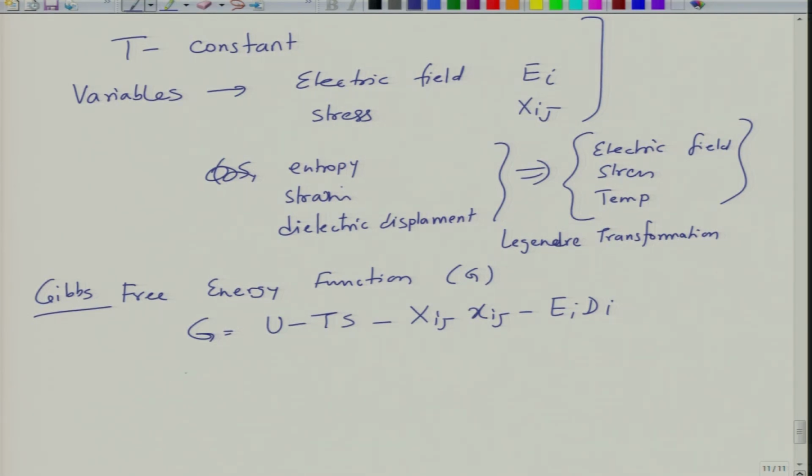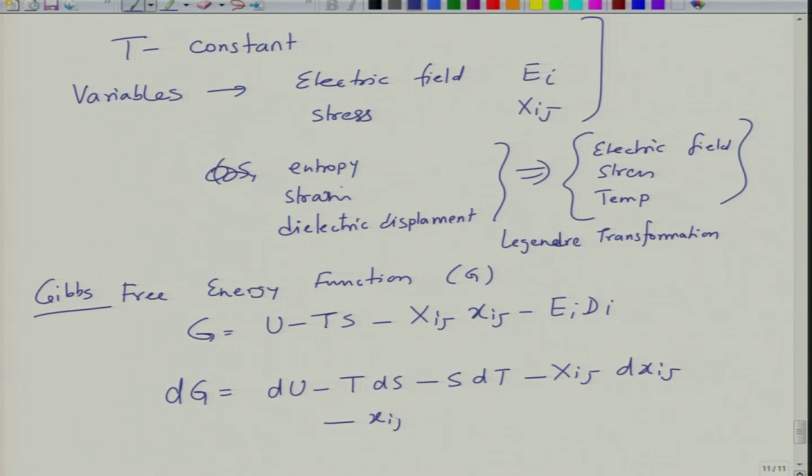Now, if you want to look at the differential of G, that is the free energy change. So, dG will be equal to dU - T dS - S dT - X_ij dx_ij - x_ij dX_ij - E_i dD_i - D_i dE_i, right.